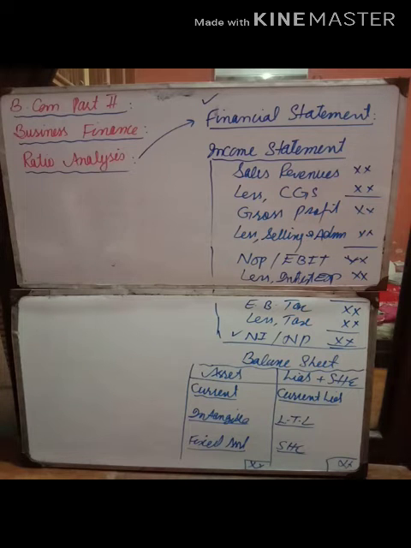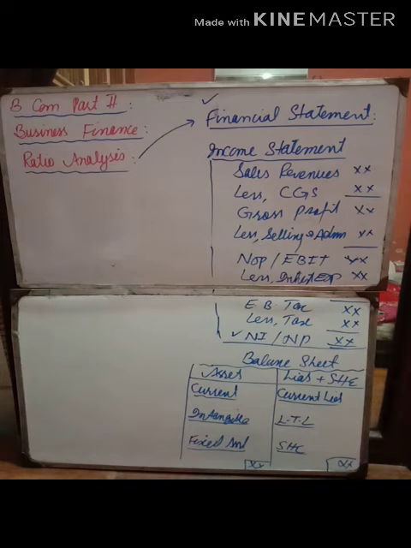Basically, ratio analysis is conducted to compare ourselves with our previous past performance, or with the performance of other companies in the market, or with our competitors. So to conduct the comparison with our previous performance, with our competitors, with our market, we conduct the ratio analysis.